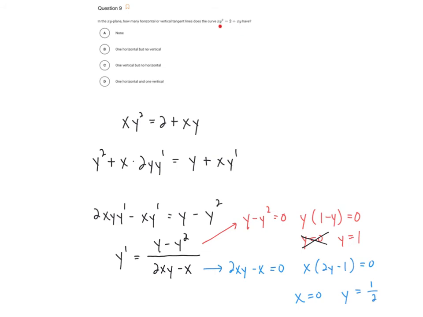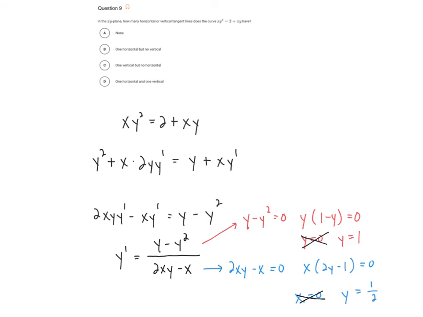If you plug in 0 for both these y's, you get 0 equals 2, and that's not true, so there is no point that has 0 as a y coordinate. Same thing with x. If you plug in 0 for these two x's in the original, you get 0 equals 2, so x equals 0 can't be a value.